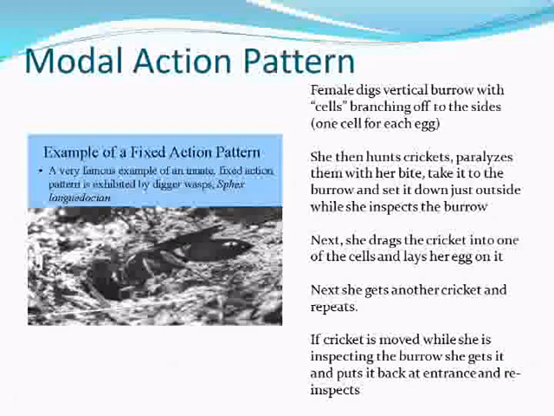She then gets another cricket and repeats this behavior. Now, when she comes back to the nest, if she sets her cricket down and somebody moves that cricket an inch or 2 away, she has to go get it and put it back where it was and then re-inspect. That's what we mean by the behavior has to run off in the same order every time.